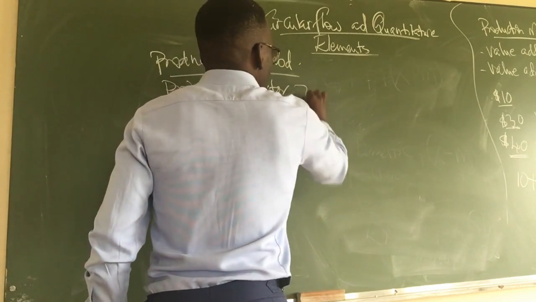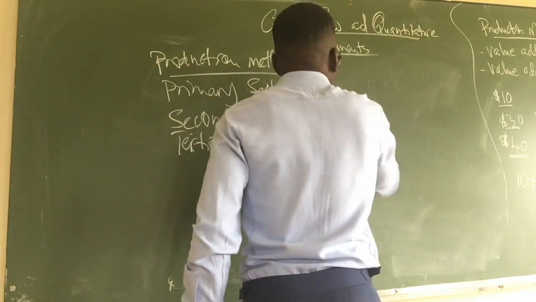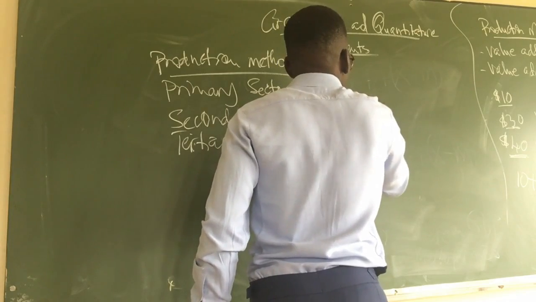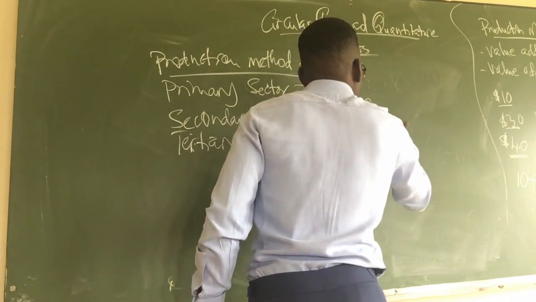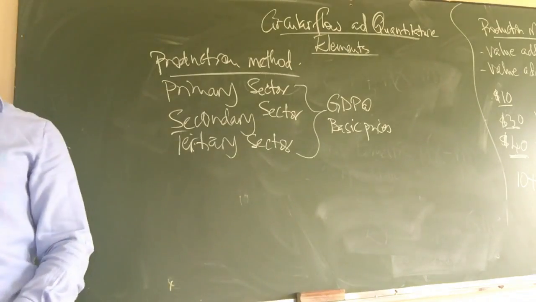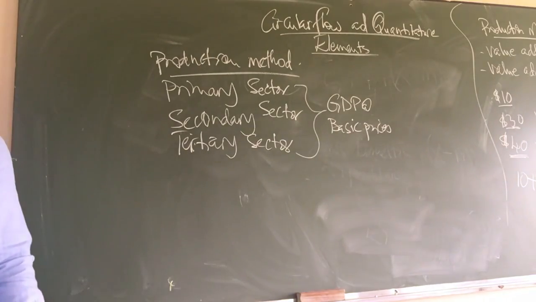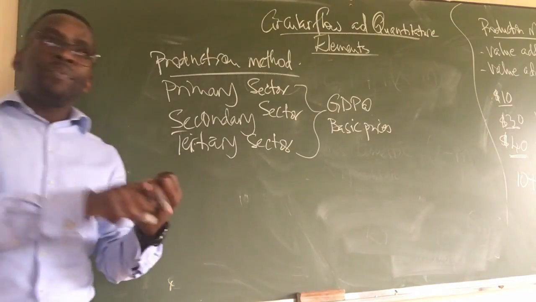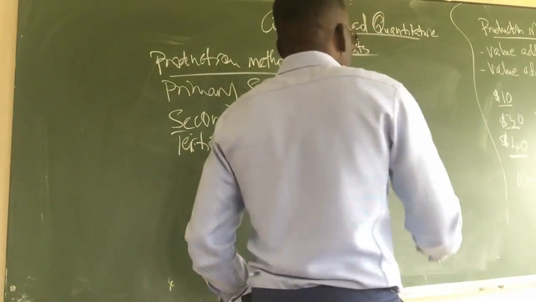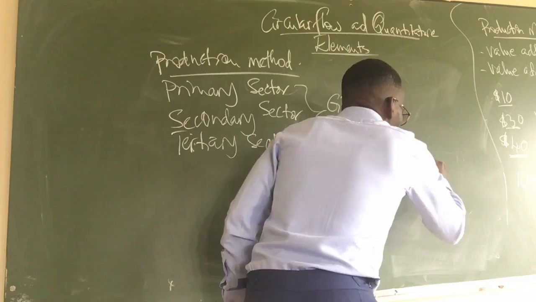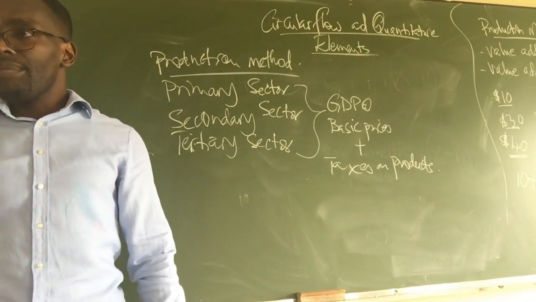When you add all this, when it is added, you get your GDP at basic prices. Is that so? You get your GDP at basic prices. Now to that GDP at basic prices, we now add the taxes on products. Okay? Add taxes on products.